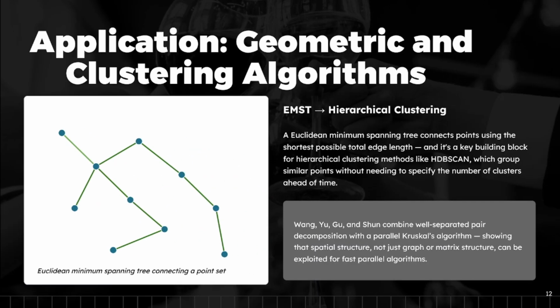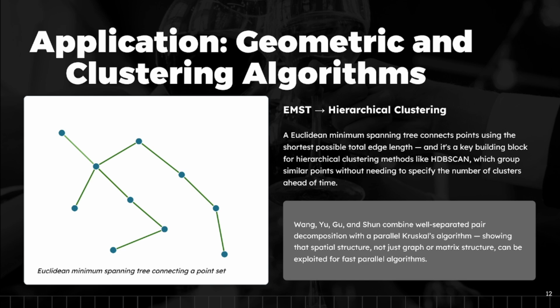The third application area is a bit more geometric: spatial clustering and minimum spanning trees. A Euclidean minimum spanning tree connects a set of points in space using the shortest possible total edge length, and it turns out to be a key building block for hierarchical clustering methods like HDBSCAN, which are widely used in data analysis to find groups of similar points without having to specify the number of clusters ahead of time.